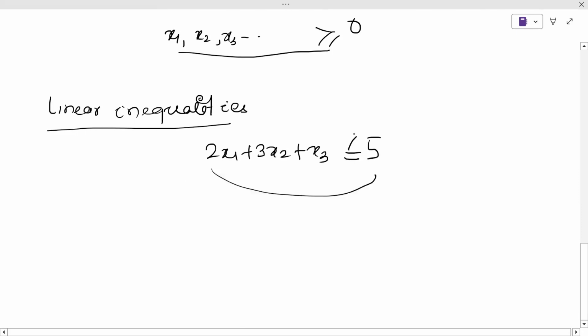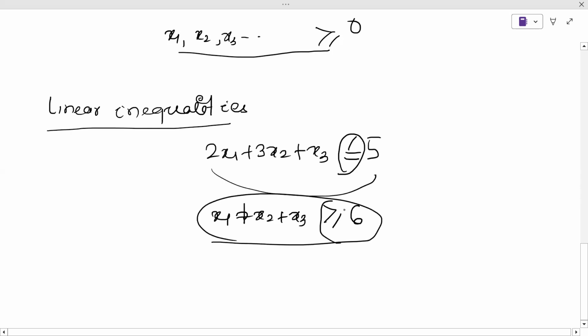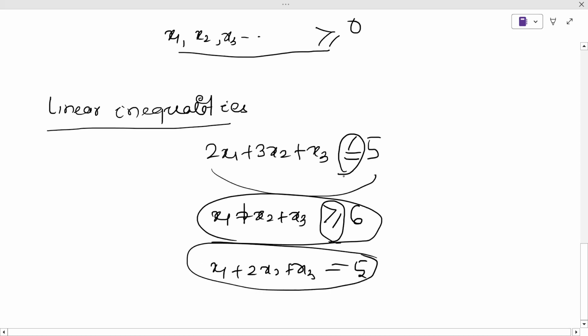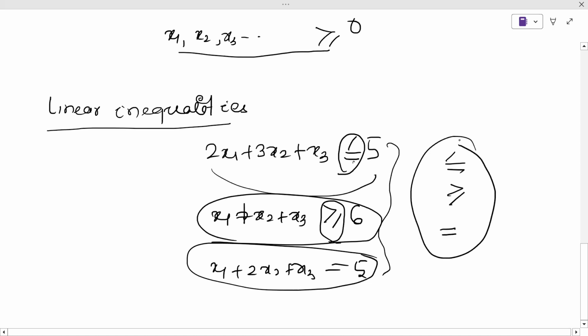This is one linear inequality. Or x1 plus x2 plus x3 greater than or equal to 6. This is also a linear inequality because of the symbol greater than or equal to. Or x1 plus 2x2 plus x3 equal to 5. This is also an equality condition. So these three types are called inequalities. If any symbol like less than or equal to, greater than or equal to, or equal to is there, then that is called inequalities.